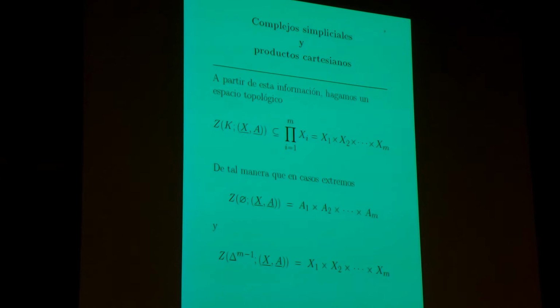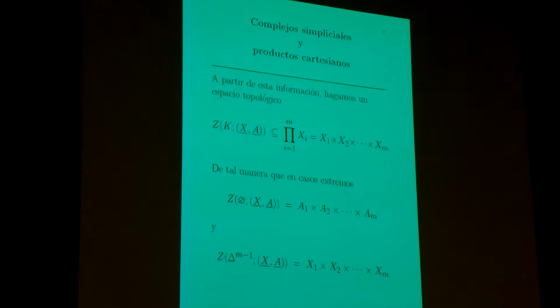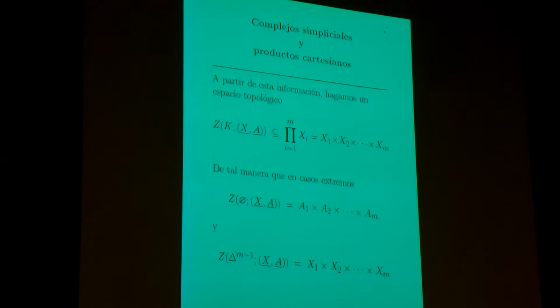And if the simplicial complex is everything, the power set, the simplex, then this new space will be the Cartesian product of the big spaces. So every possibility will fit between the top and the bottom. And the moral of our work is there is a lot of geometry between the top and the bottom. That is the point I want to make.